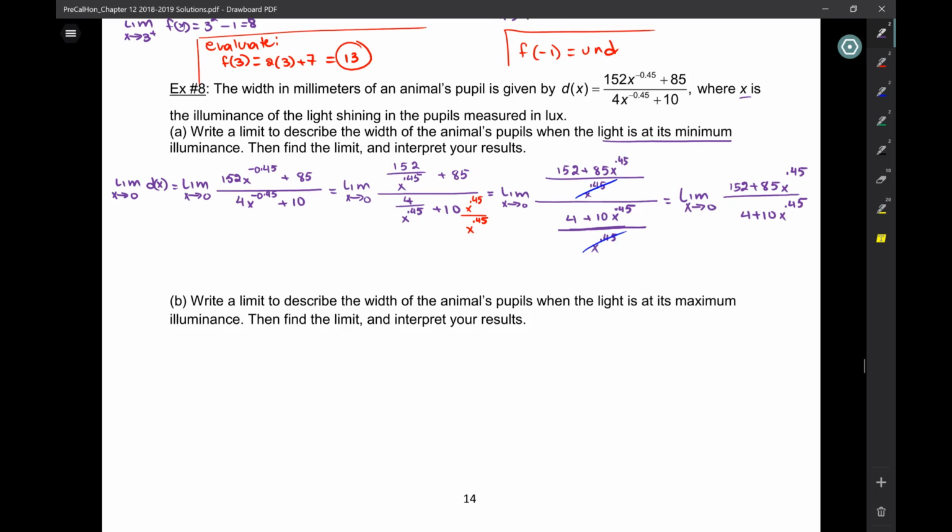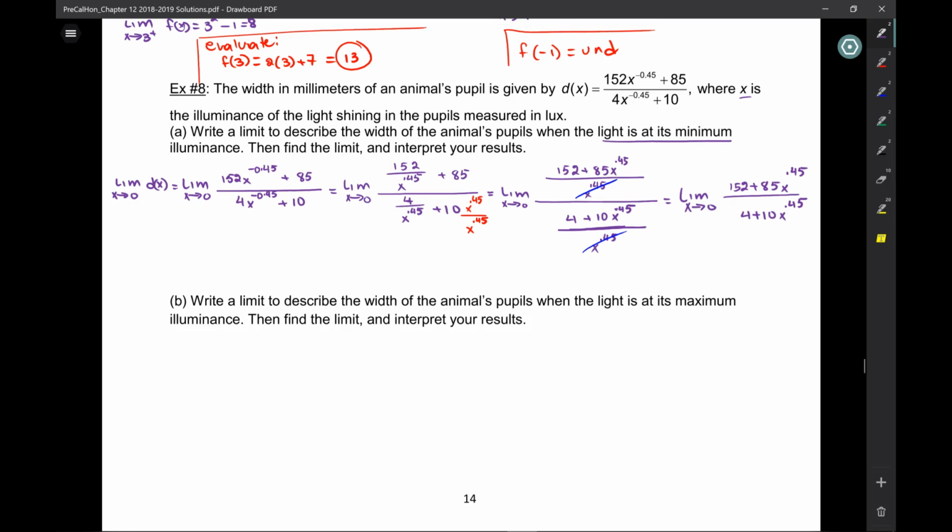Now let's see if I could get away with finding the limit using direct substitution. Can I? Yes. If I plug in 0 here, I get 152 on top. Plugging 0 here, I get 4 on the bottom. Before, I would have gotten 0 in the denominator, 152 over 0. Look two steps before, this is 152 over X to the 0.45.